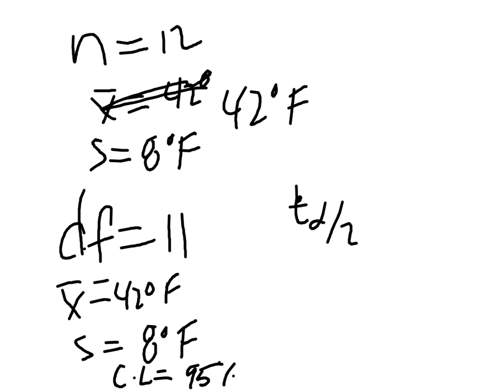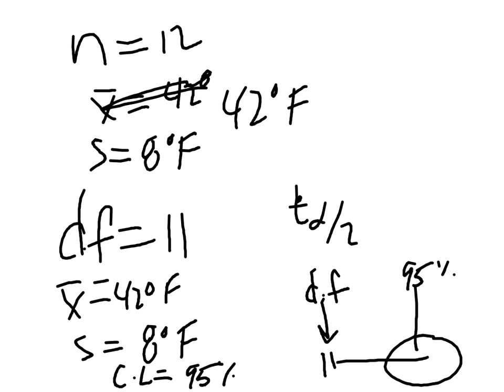And the T sub alpha over 2 is represented by going to 11 degrees of freedom and our 95% confidence level back in table F, and they tell us that that value is 2.201.